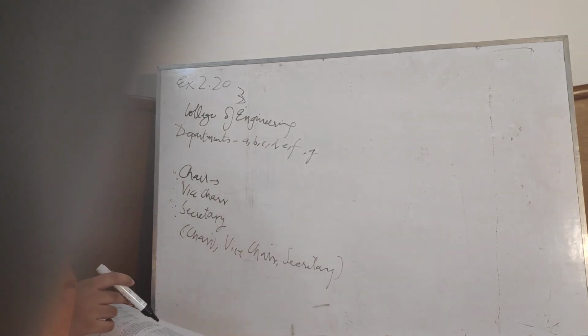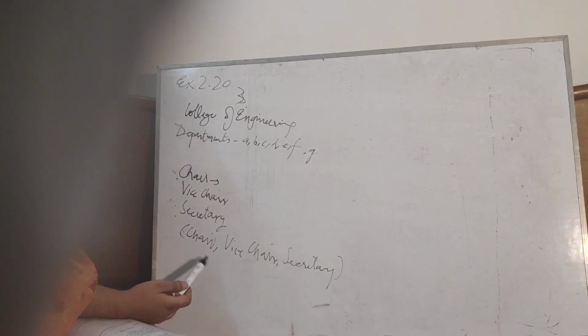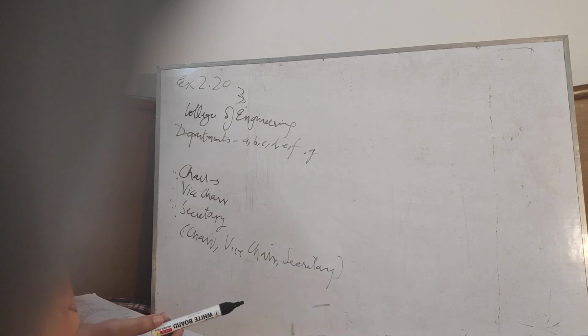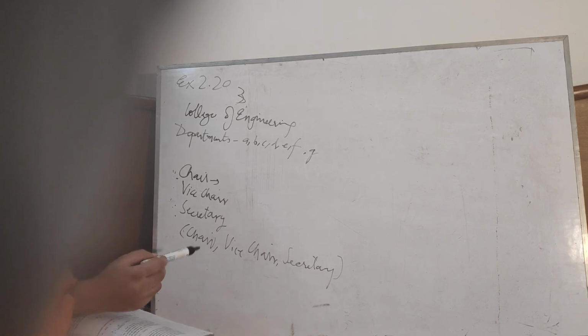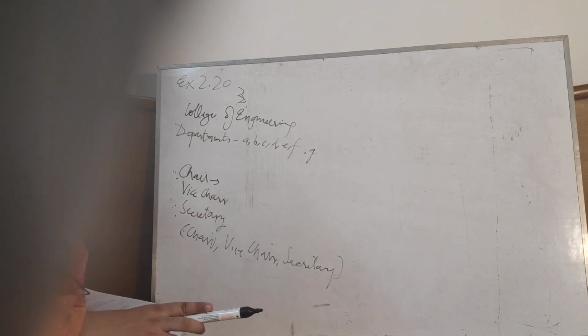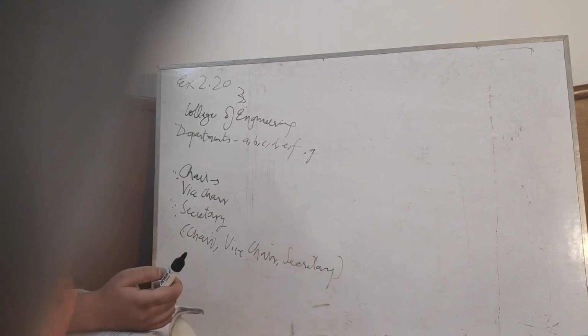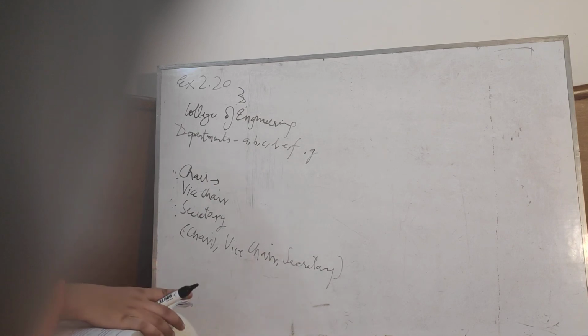Now, does the order matter? Yes, we are saying that the first is chair, second vice chair, and that's how it will be easy to identify. This is without replacement, because in the question it seems like 3 different people are going to be these 3 different officers.